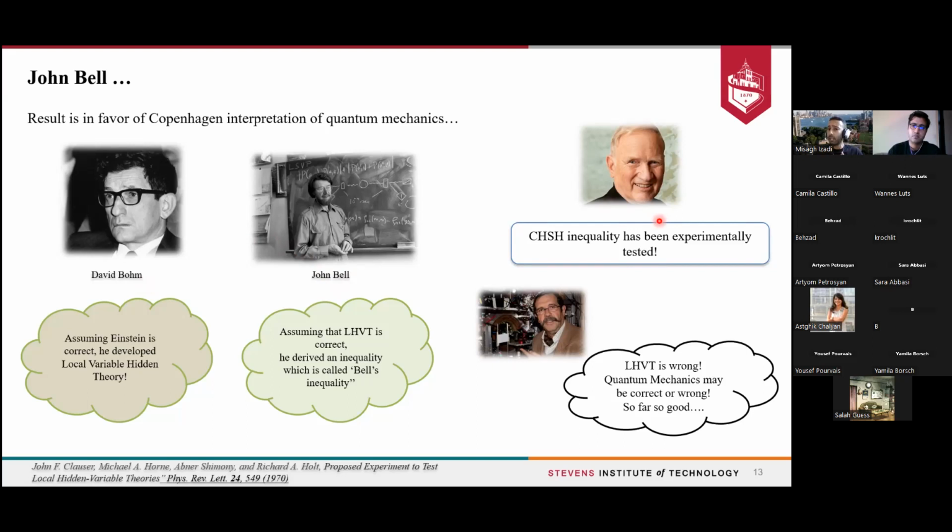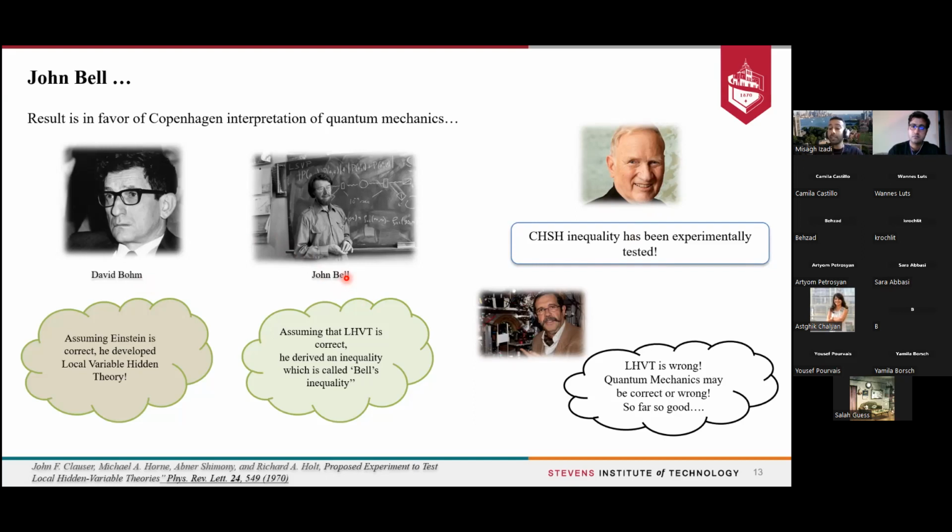Clauser and his colleagues, for the first time, proposed an experimental realization to test this Bell inequality, to see if quantum mechanics is not correct and there is a kind of local hidden variable theory, just like David Bohm and Einstein's opinion.